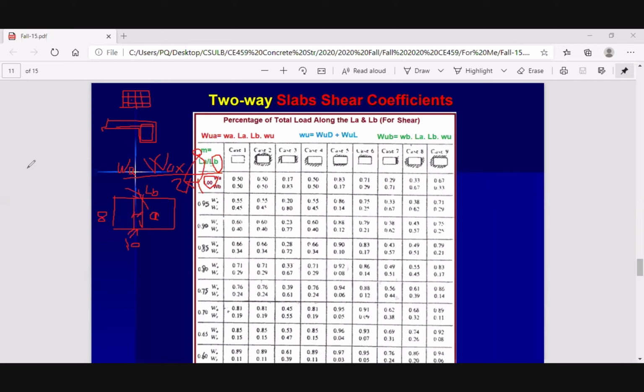Then you should consider this beam with this reaction that we calculated here. The length of this is this one. Look at this. Span is 8 feet, and we calculated this, and we know the uniform load is omega u, 1.2 dead load plus 1.6 live load.